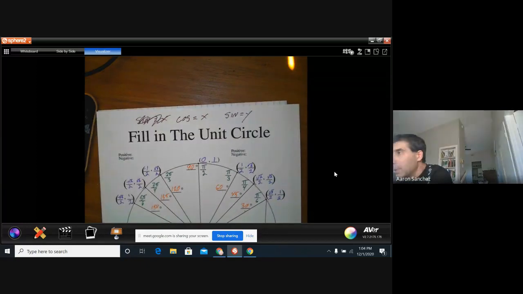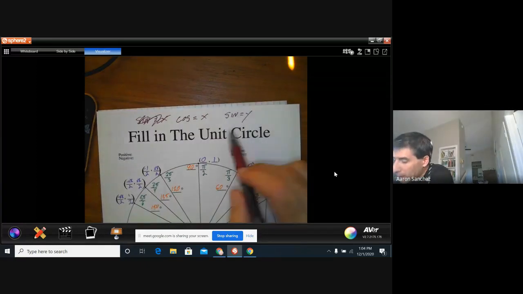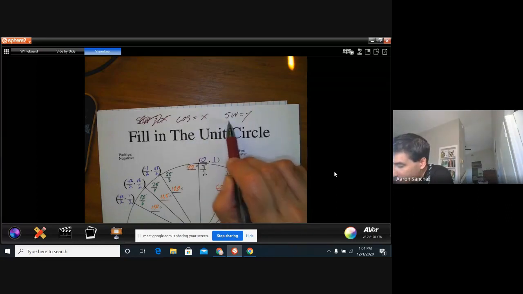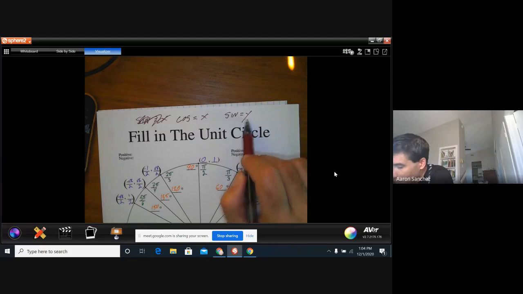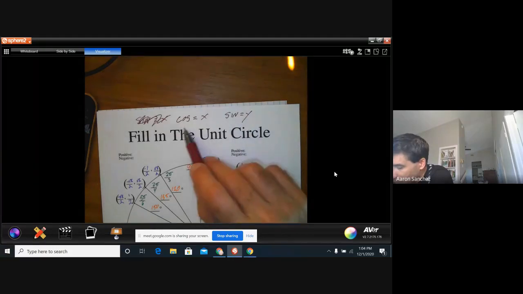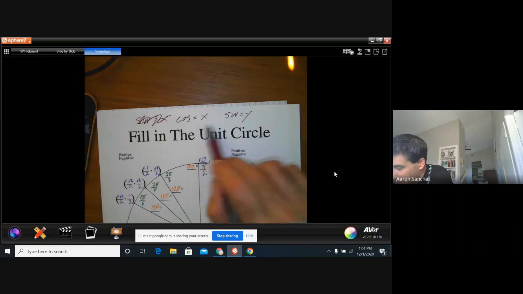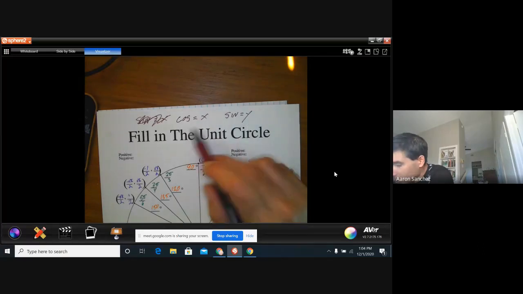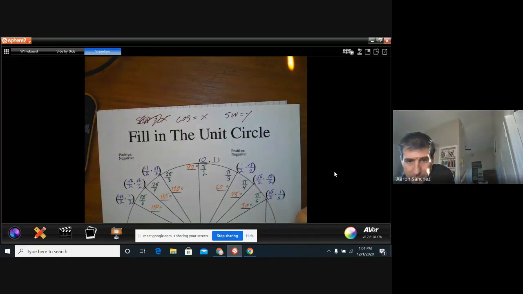The way I remember it is alphabetical order: C comes before S, just like X comes before Y. The first ones go with the cosine. Cosine is X, sine is Y. Cosine is equal to X, sine is equal to Y.